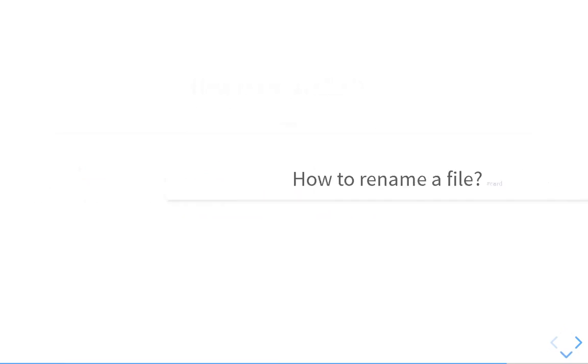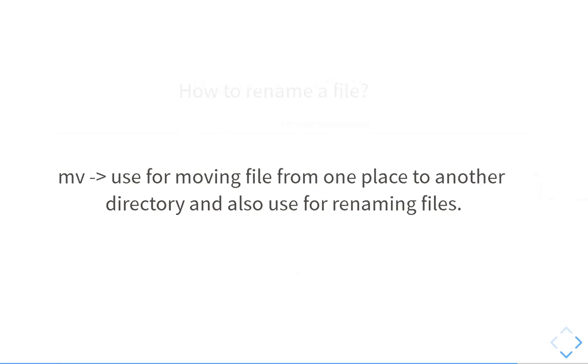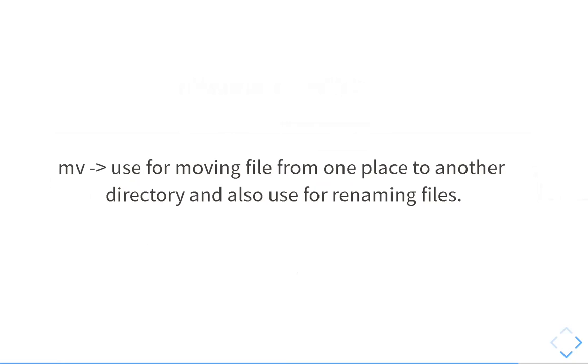Okay, so how to create a file? Touch will be the specific command that we can use for creating a file. How to copy a file? We can use cp from the source file into the destination file. Then we have how to rename a file. We can use mv. You can either move a file from one directory to a different directory, or basically rename a file.